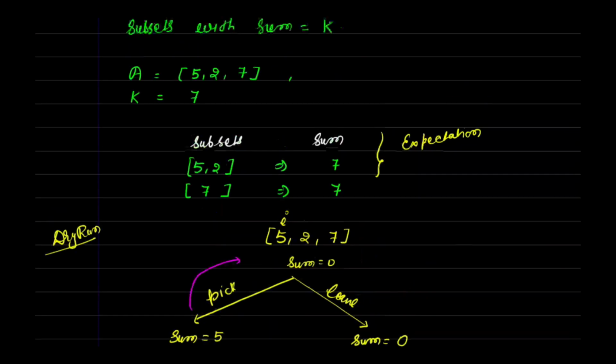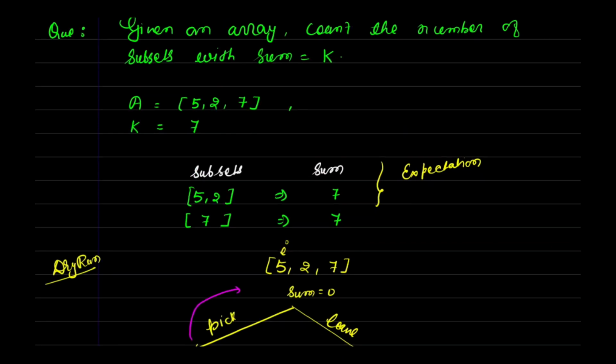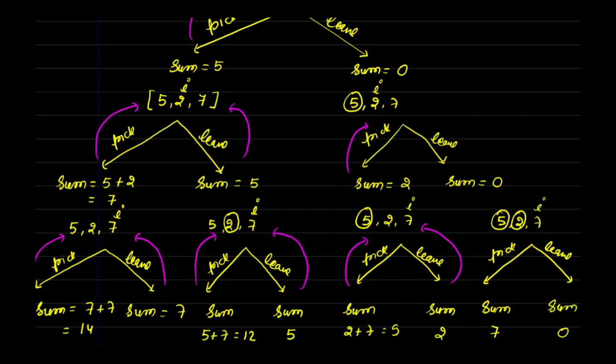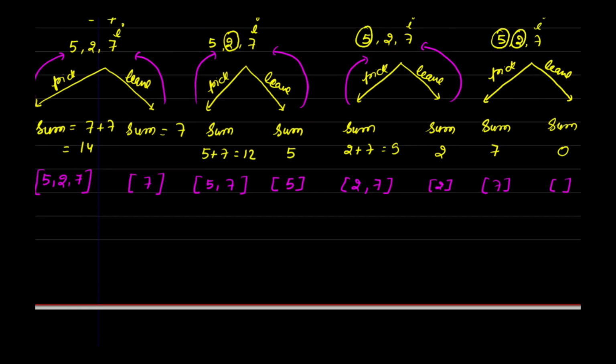Now value of k is 7. It means we have to check sum should be 7. Our k is equal to 7. So here we are getting 7 as a sum, and here also 7 as a sum. So we are getting two outputs.